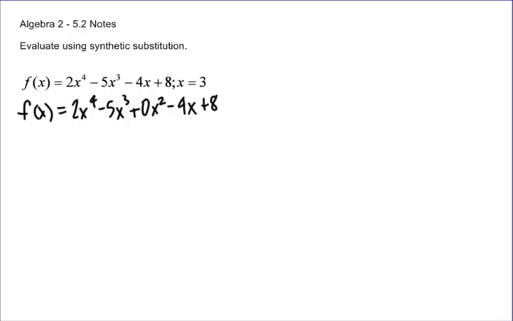You have to list every single power of x all the way down. Then we write those coefficients down in a row, the coefficients only, and we take the number we're interested in, which in this case is the 3, and put it over here in its own little cage.